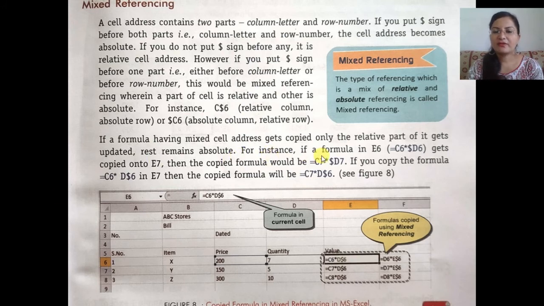So for instance, if the formula in E6 is C6 into D$6, now when we copy it vertically, this is horizontal, we will see it later on. If we copy it like this, then what will happen? We have to copy it vertically. So the relative part, C6, will become C7, and here it will become C8.